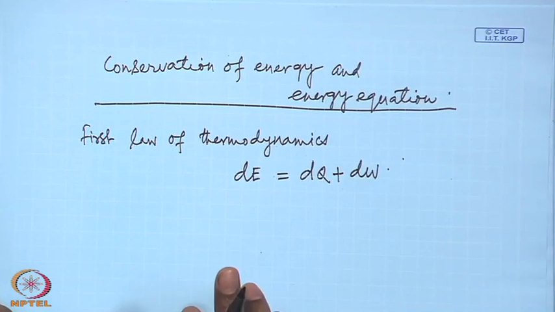Now, as was mentioned earlier, the thermodynamical laws are derived or postulated for a system in equilibrium. The system is in thermal and mechanical equilibrium, and we stated that the moving fluid is not in that sense a system in thermal and mechanical equilibrium.